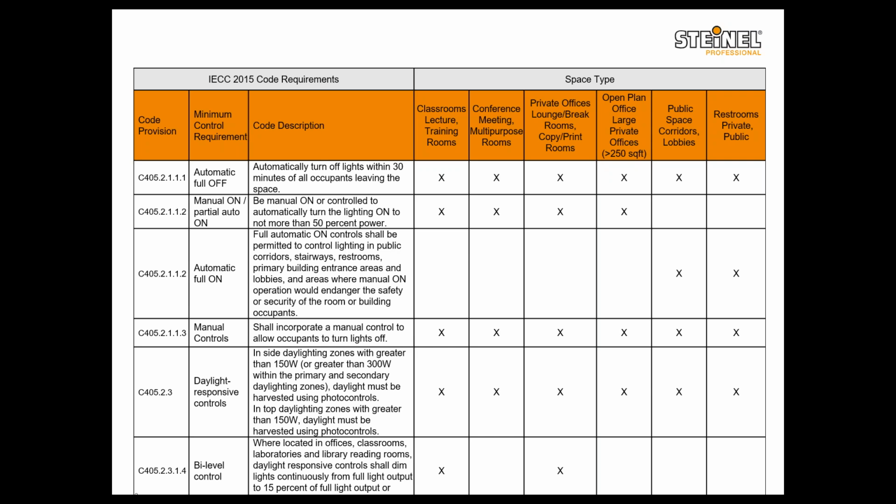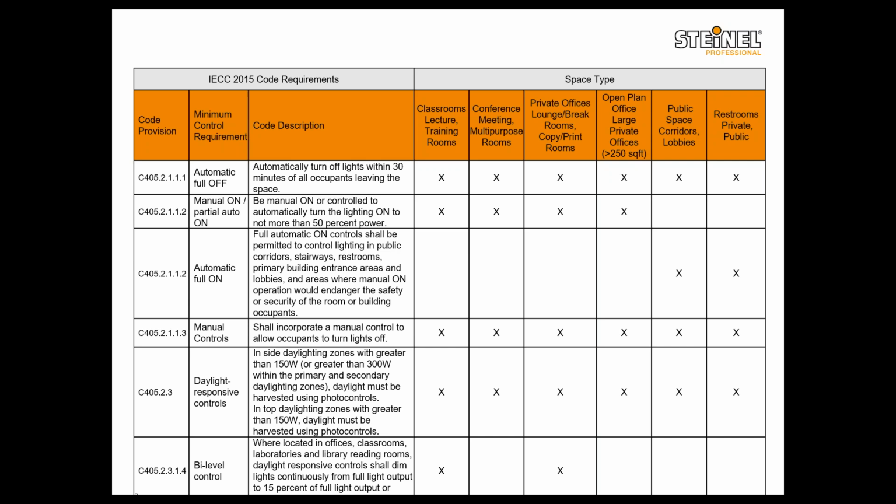It's kind of an exception to the previous requirement: areas like public corridors, the stairways, restrooms, primary entrance areas to the building and lobbies, or any area where having the lights manually turn on would endanger the safety or security of the room or building occupants should turn on automatically to 100%. So that really applies, like in a school, to public restrooms, public corridors and lobbies.